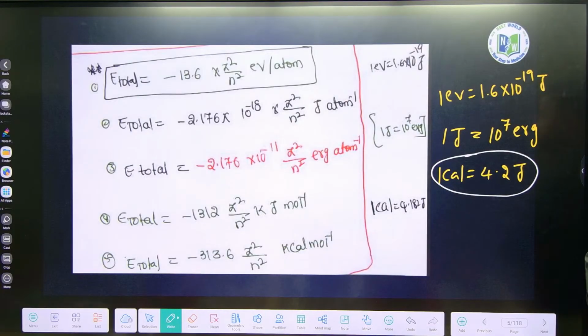The answer should be in joules, joule per atom. How can you do this?